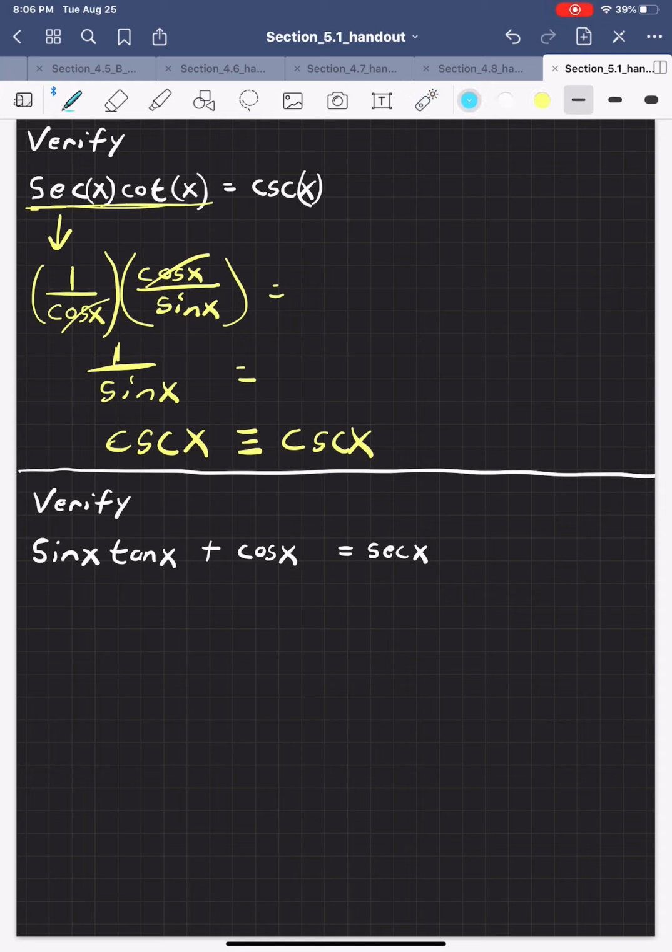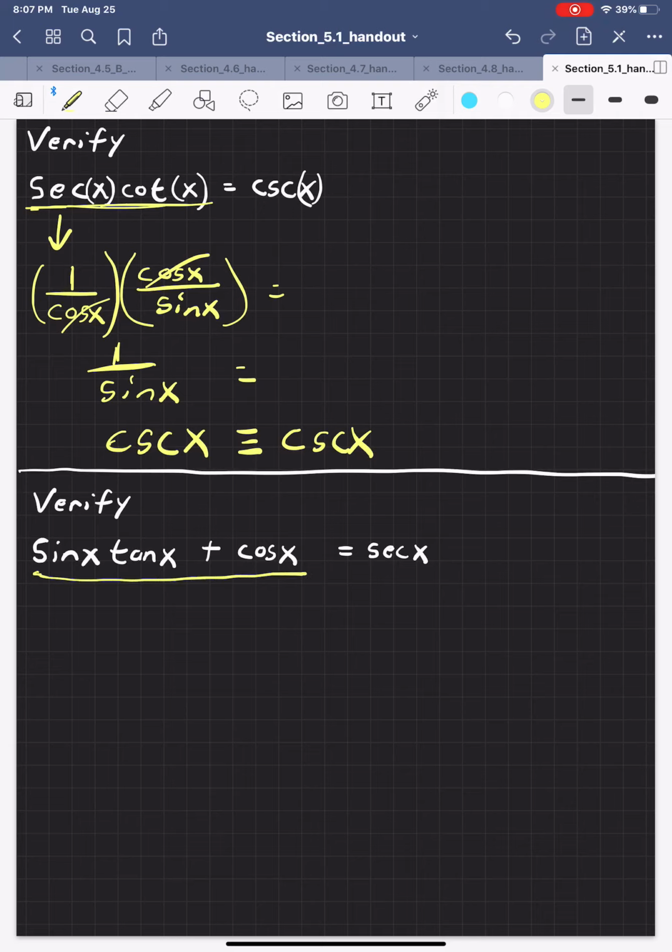Ready? So we want to verify that sine of x multiplied by tangent of x plus cosine of x is the same thing as secant. After I get done with this problem, I'm going to come back and try to sell you on why what we're doing is important to higher maths. Ready? So notice we would choose the more complicated side, so I would choose this left side. It looks a little busier.